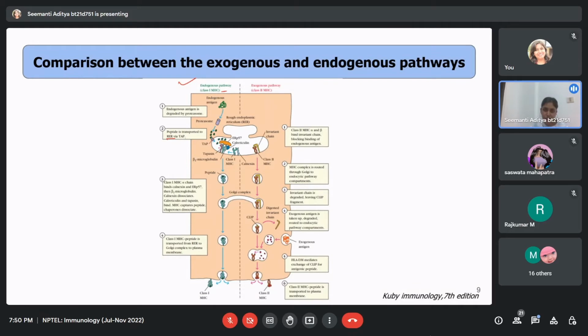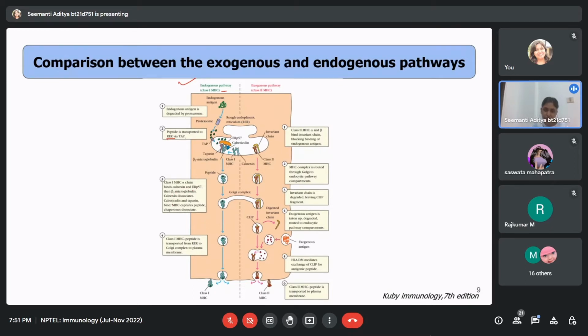Once transported to the rough endoplasmic reticulum, we have our MHC class 1 complex, which is bound to several chaperone proteins. But as soon as it binds to the peptide, all these chaperone proteins get removed. The class 1 MHC chain will bind to calnexin, ERp57 and beta-2 microglobulin.